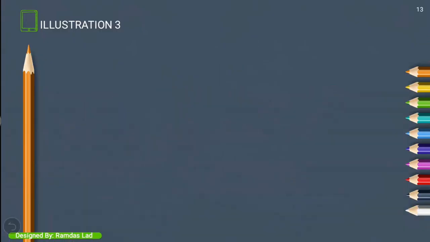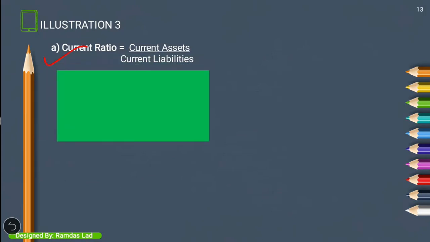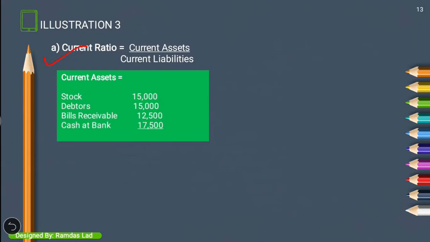In the next slide, firstly calculate the current ratio: current assets divided by current liabilities. Earlier we have seen current assets, which include stock 15,000, debtors 15,000, bills receivable 12,500, cash at bank 17,500, and the total of current assets is 60,000.